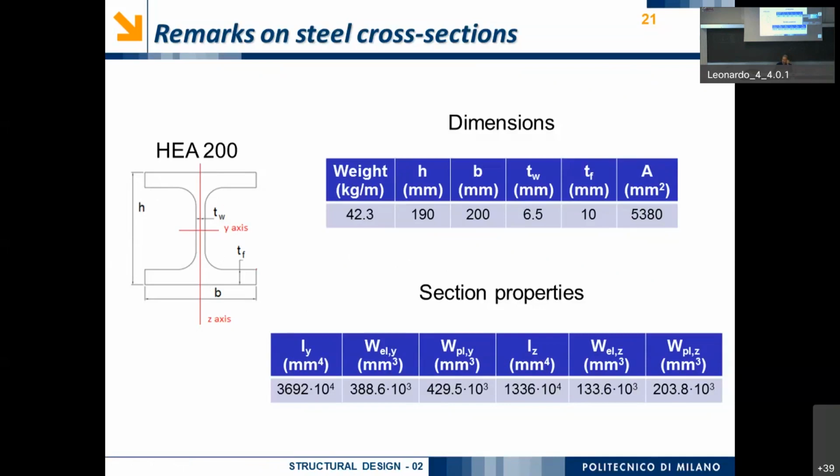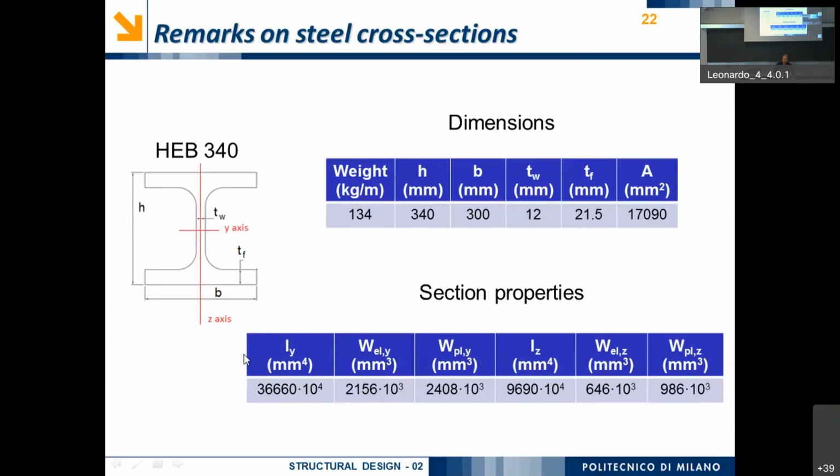But of course, we have also to consider that in reality, there are also this part, okay? This rounded part. So the real cross-section is not exactly equal to the superposition of 3 rectangles. So what I expect is that the number we might evaluate by computation are slightly different, a little bit lower, basically, for I, WEL, WPL, okay? And this also on different types of cross-section.